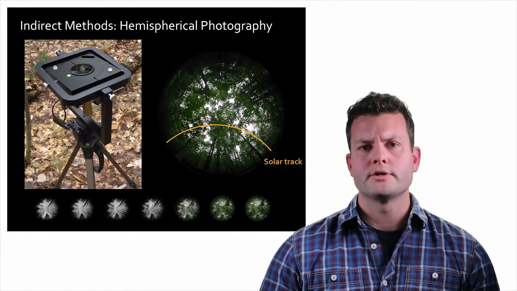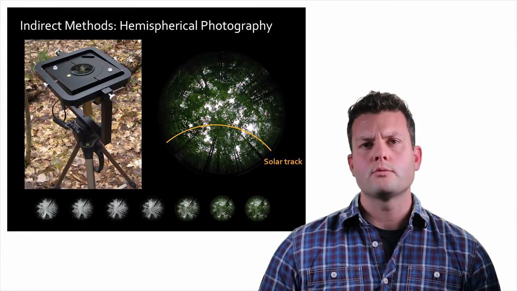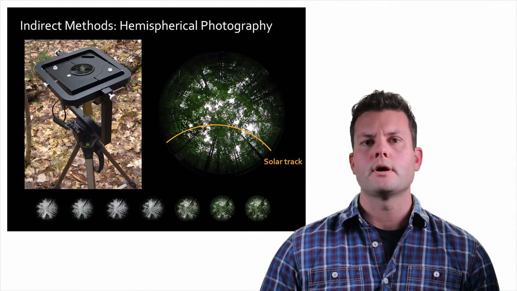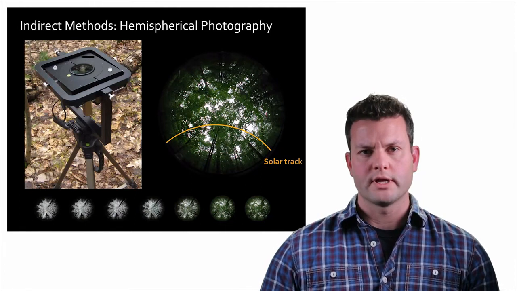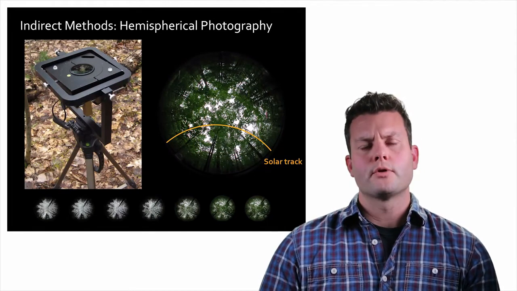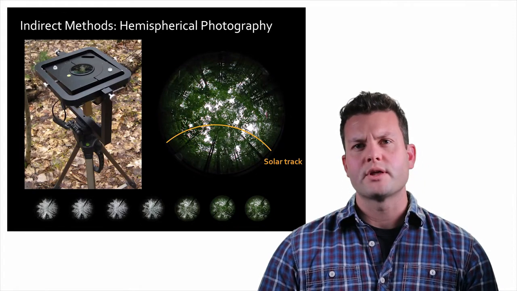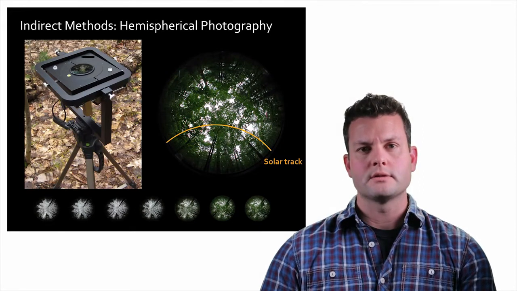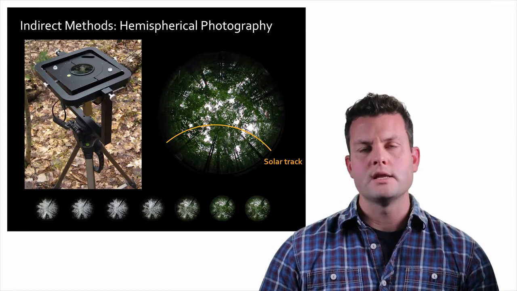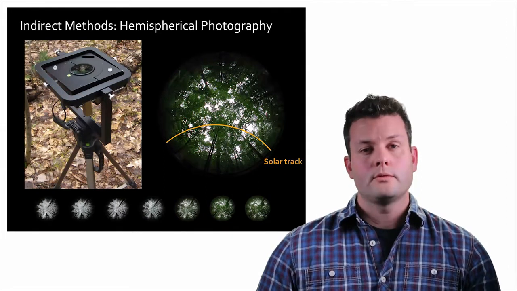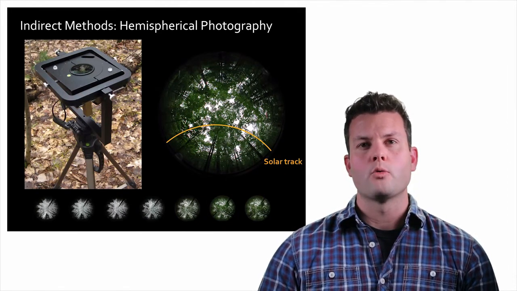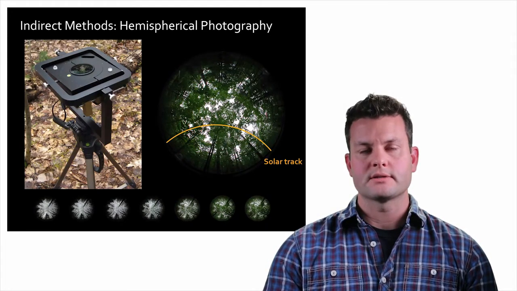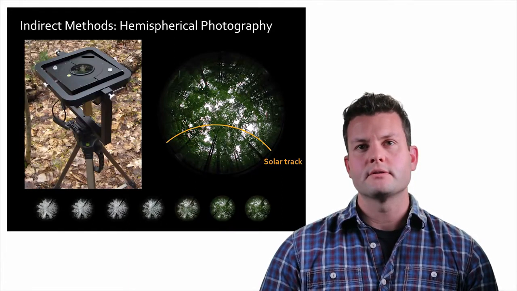The other thing about hemispherical photography is that, yes, you can get leaf area index from it, but you can also get a suite of other canopy variables, most of them related to canopy structure. So for example, I've plotted here a hypothetical solar track. What that's representing would be the position or the track that the sun takes across the sky for any given day. So you can imagine that we could use that information to plot where the sun is going to be and then estimate when during the day a sun fleck might occur at the sample location and what the duration of that sun fleck might be.